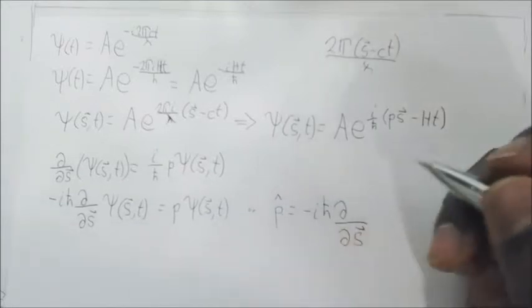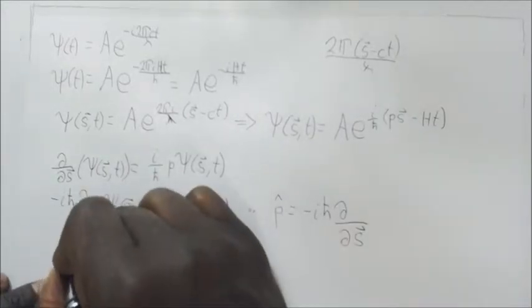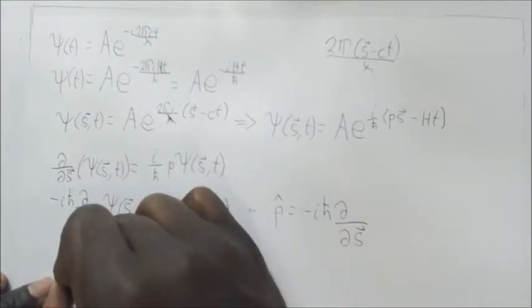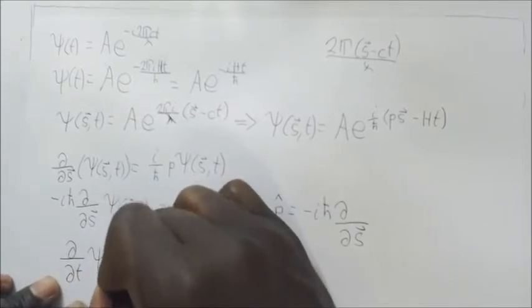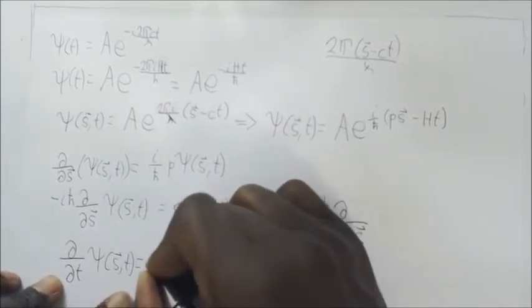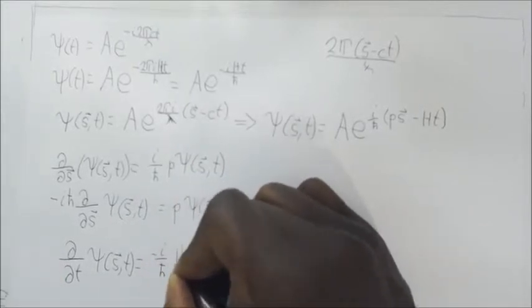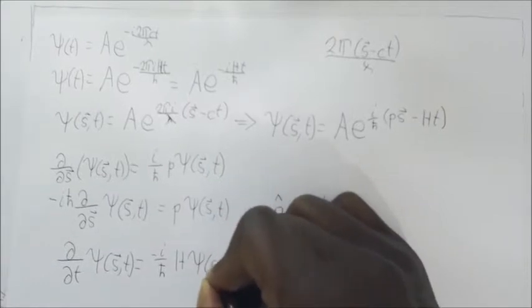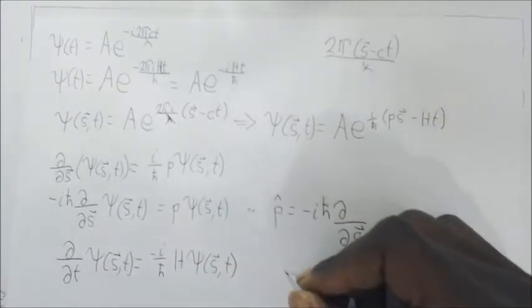Now if we take the derivative of the wave function with respect to time, we're going to get partial d by dt of psi of s comma t is equal to minus i over h bar times the Hamiltonian times psi of s comma t.